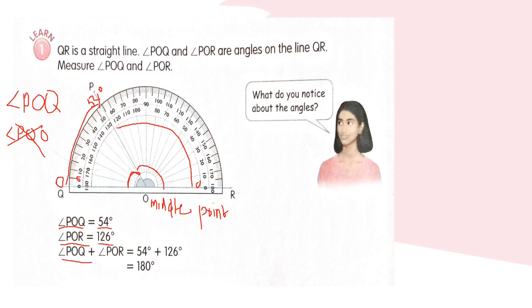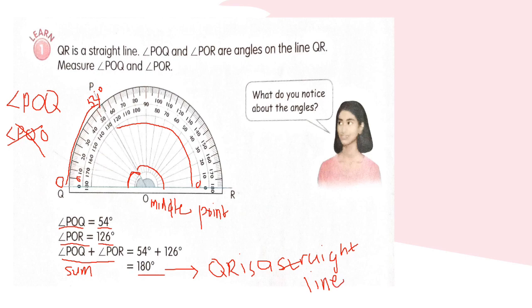Together, if we sum both of the angles, you will get 180 degrees. So it means QR is a straight line.